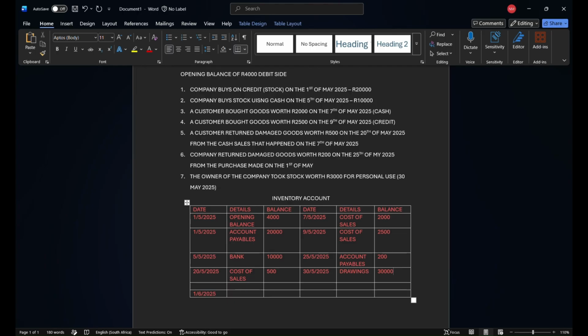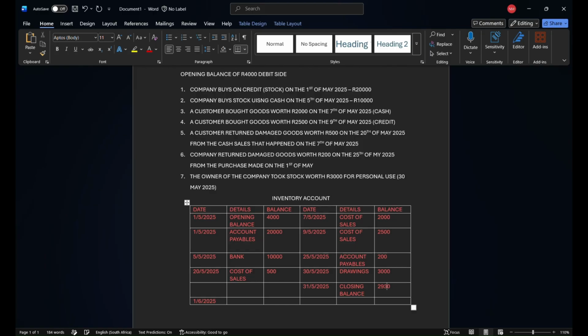Then you're going to add both sides together and see which side is bigger. In this case, the debit side is bigger. So your closing balance is going to be 29,300.